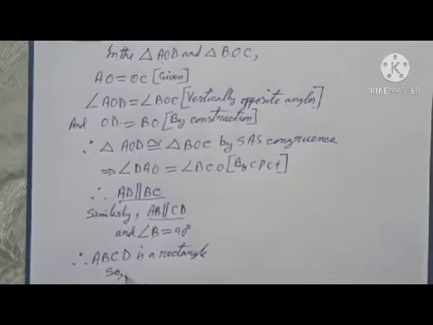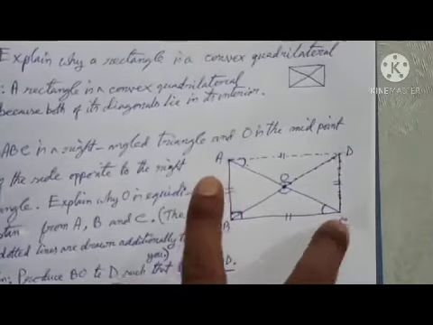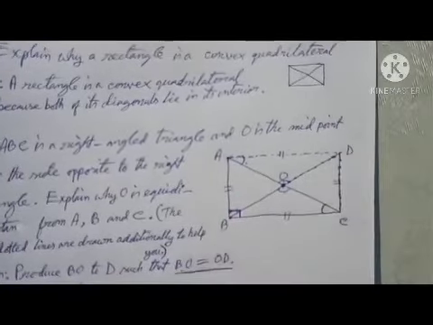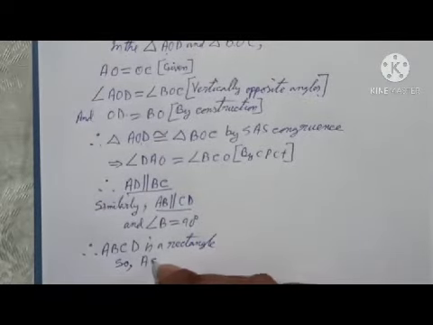In a rectangle the diagonals are equal, so AC is equal to BD.